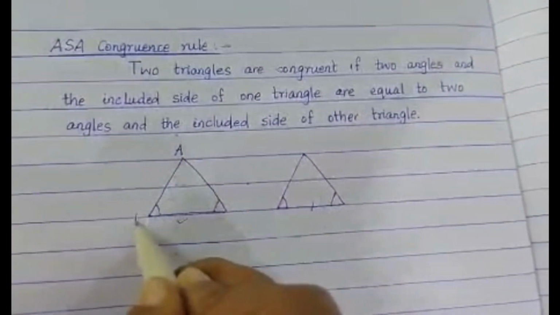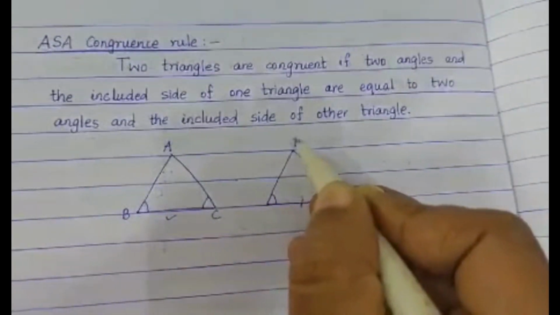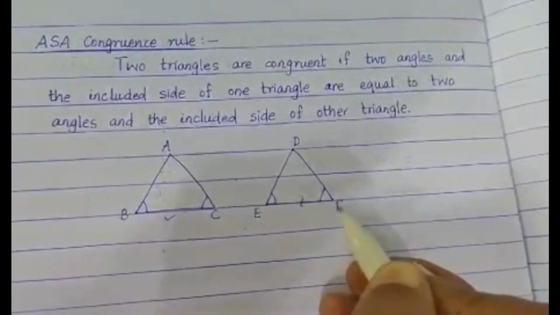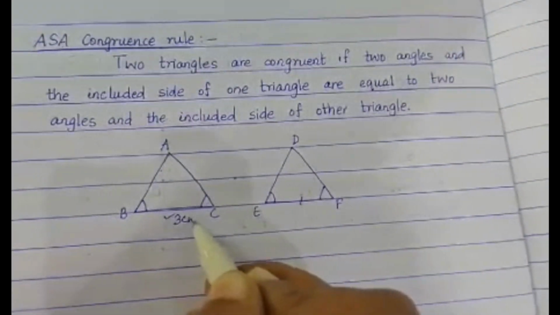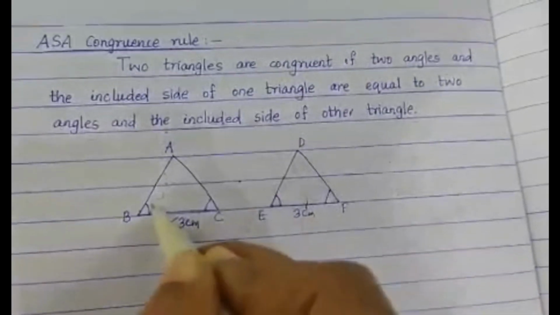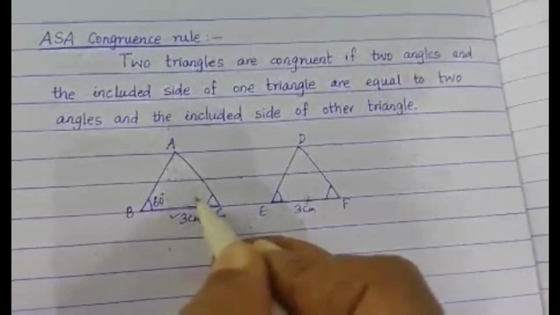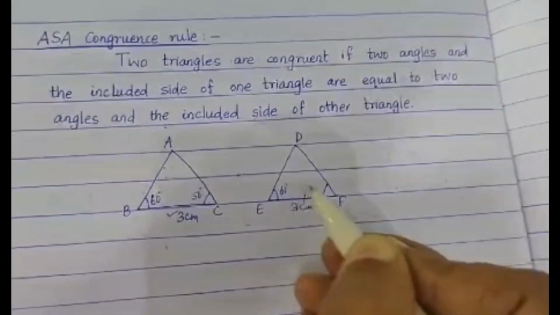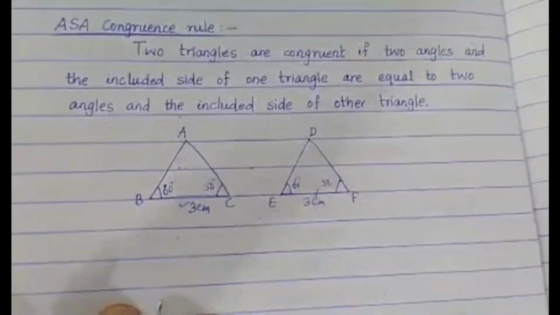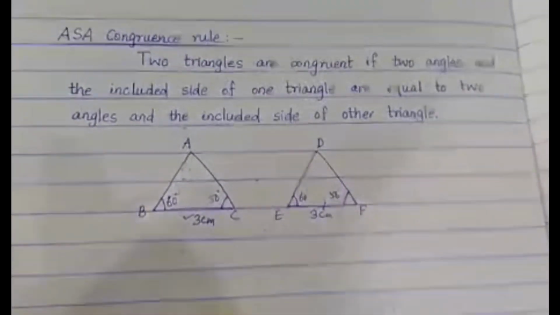Suppose in ABC and DEF this is 3 centimeter, this is also 3 centimeter, 60 degrees, 50 degrees, 60, 50. So in this case the two triangles will be congruent.